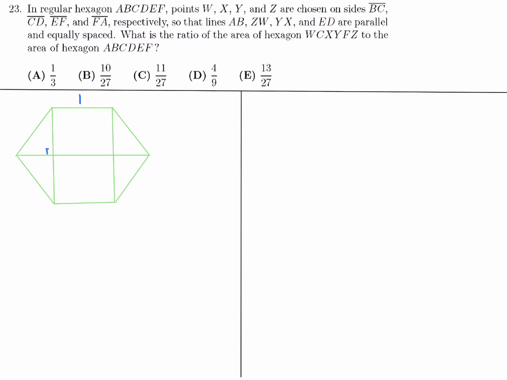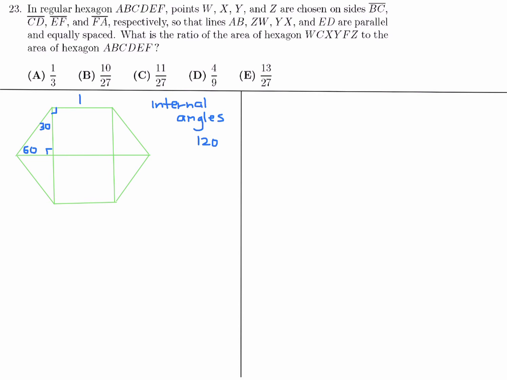Now we have a whole bunch of 30, 60, 90 triangles, because the internal angles of hexagons are equal to 120. Some of you know that, and some of you don't, but if you didn't, now you know. So this is 30 since that's 90, and there's 60. So again, we've got a 30, 60, 90 triangle.